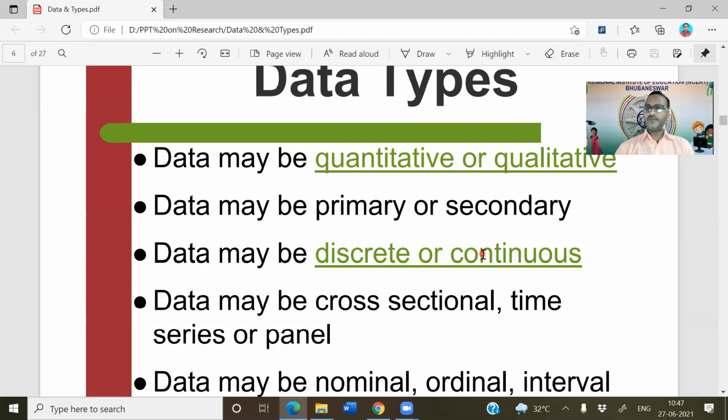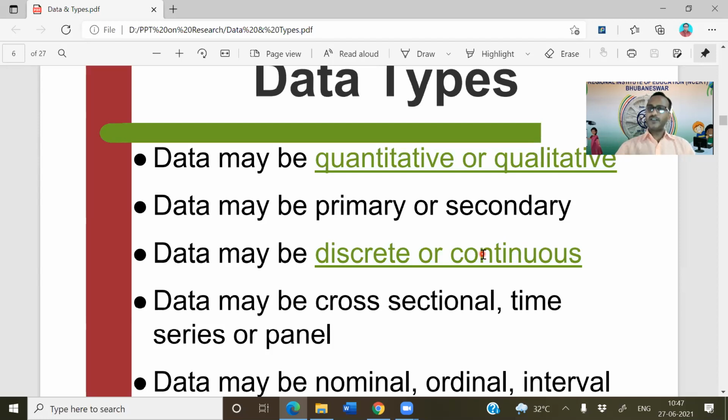But in case of qualitative data, these are text, paragraphs, pages, images, audio, video clippings, specimens. So these are qualitative. We cannot do any mathematical arithmetic operation on qualitative data.